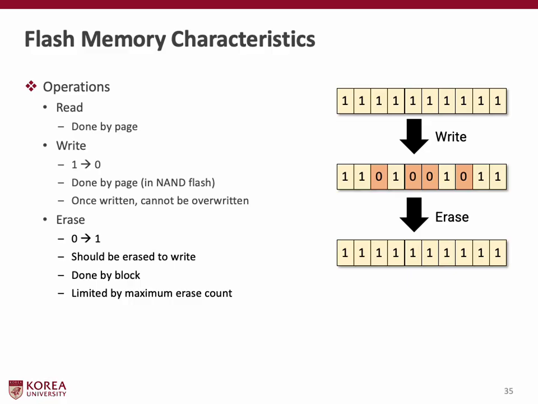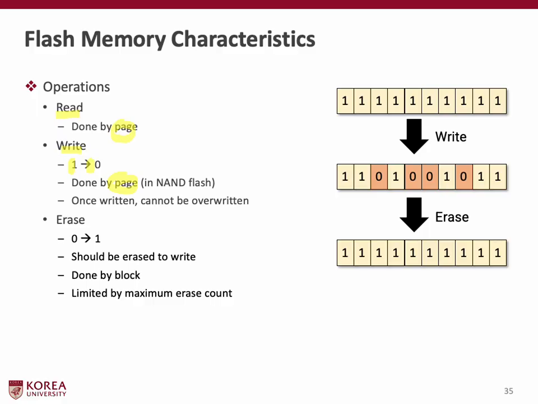And flash memory has some unique characteristics that are important to understand. First, read operations are done at the page level and are relatively fast. Write operations can only change bits from 1 to 0 and also happen at the page level.